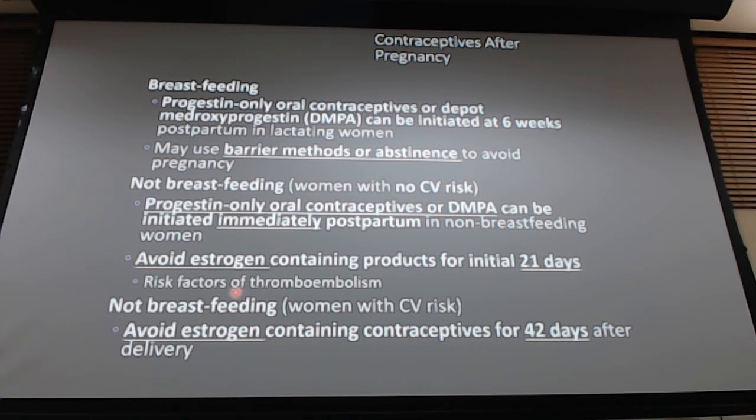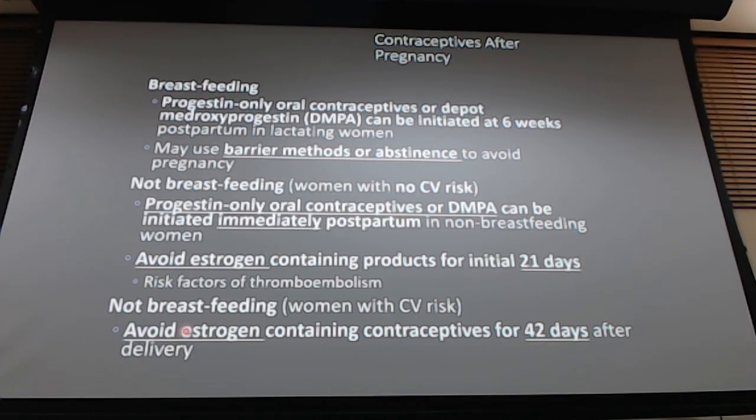So if they want a combined oral contraceptive, they have to wait 21 days. If they want a POP or any of our other progestins, we can give those immediately after if they have no VTE risk.